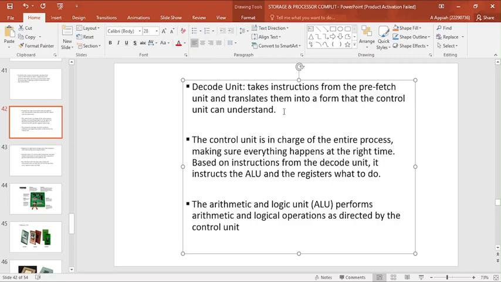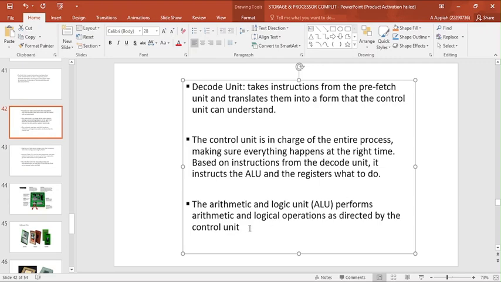Based on instructions from the decode unit, it instructs the arithmetic logic unit and the registers on what to do. So the control unit will direct the arithmetic logic unit to perform operations on a particular instruction. So it directs the various components on what to do at the right time.